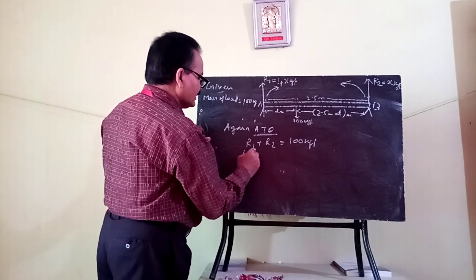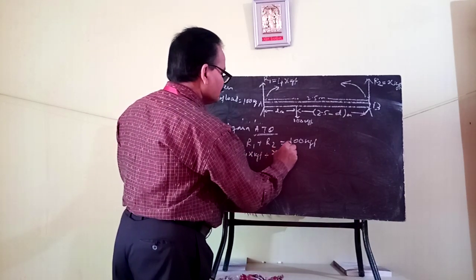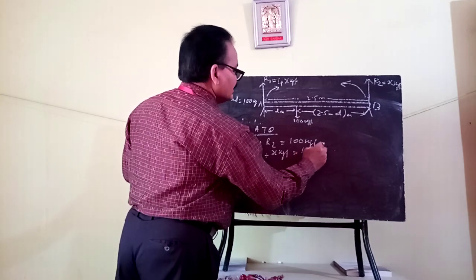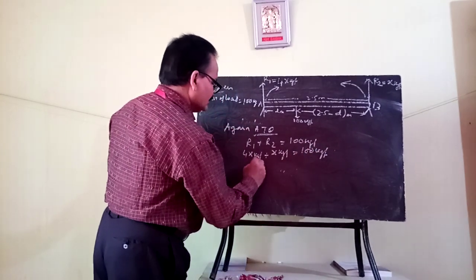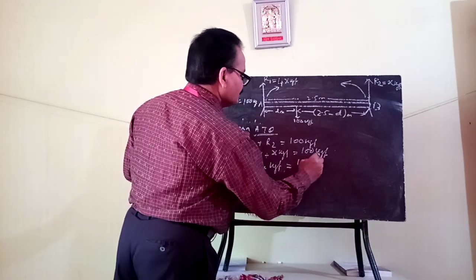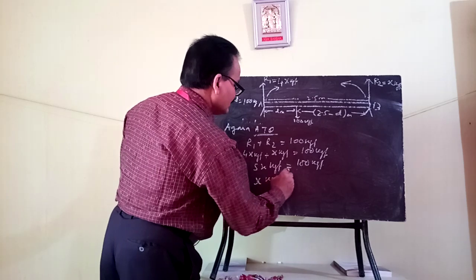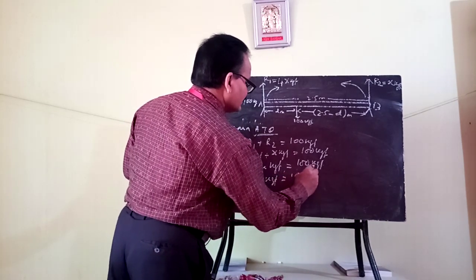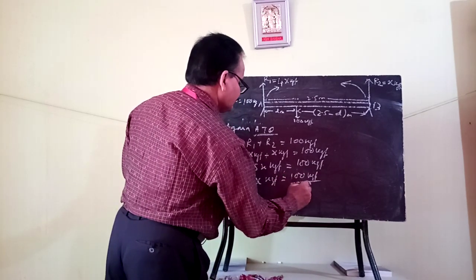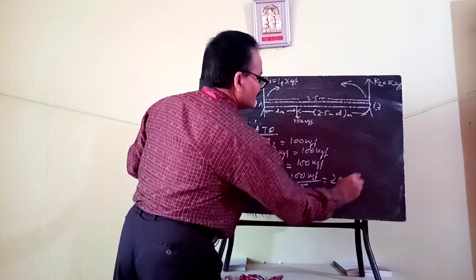R1 is 4x kgf plus x kgf equals 100 kgf. So 5x kgf equals 100 kgf. So x kgf equals 100 kgf by 5 equals 20 kgf.